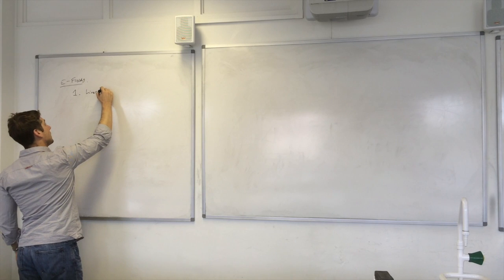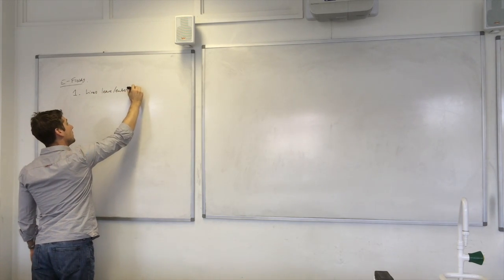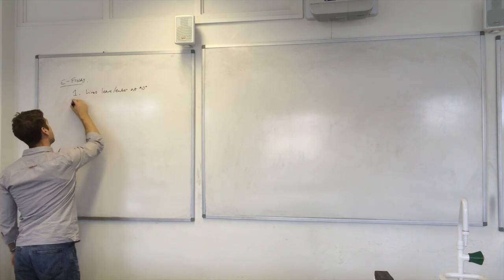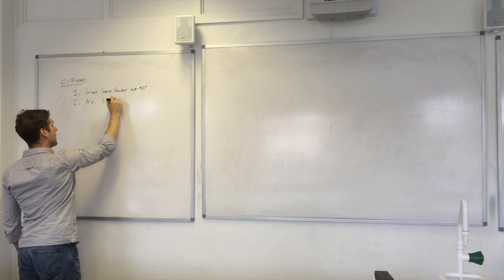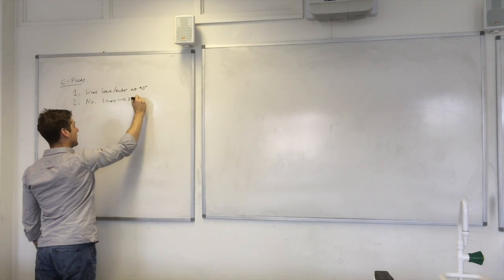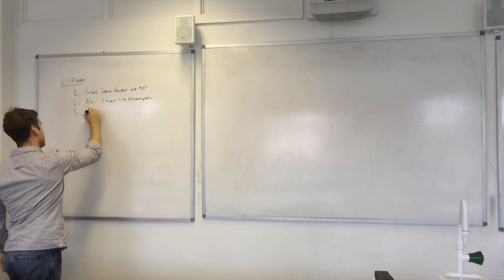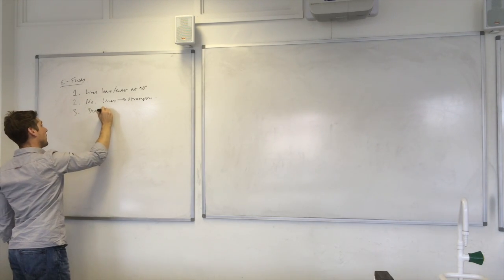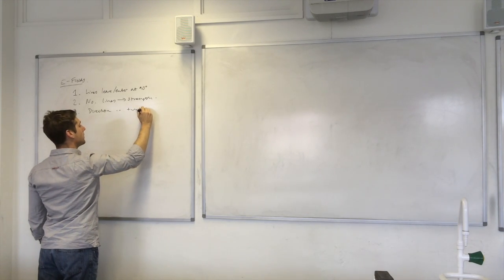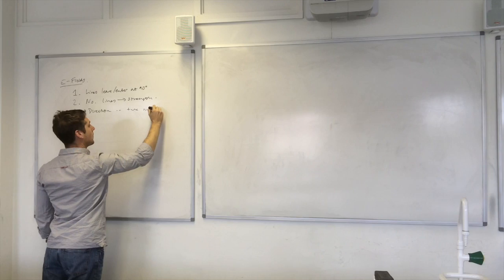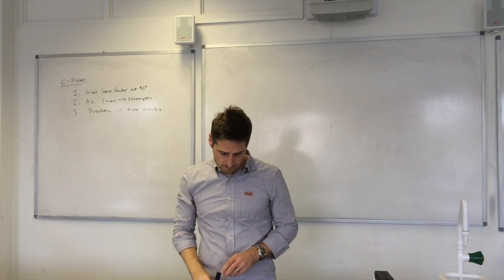The lines leave and enter surfaces at 90 degrees. Number two, the number of lines tells you about the strength. And number three, direction, that a positive charge would move. So those are your three things there.